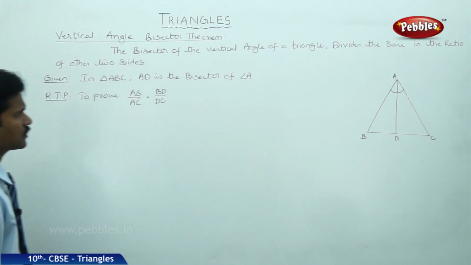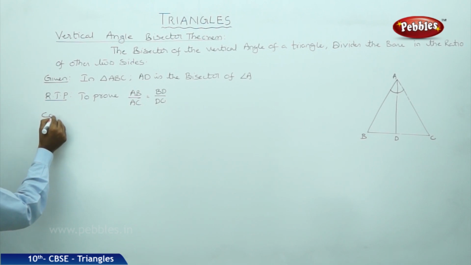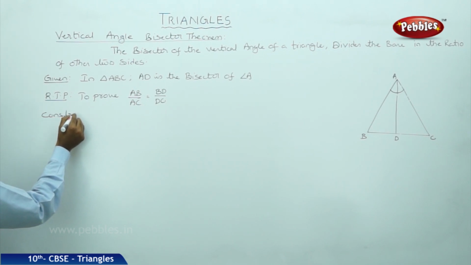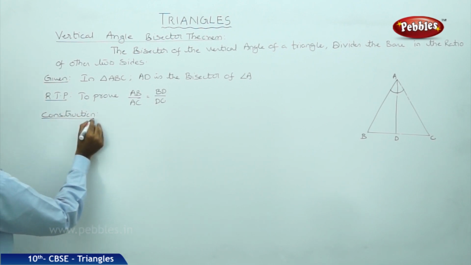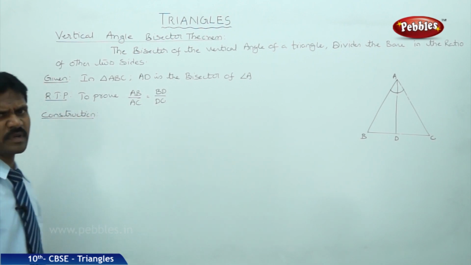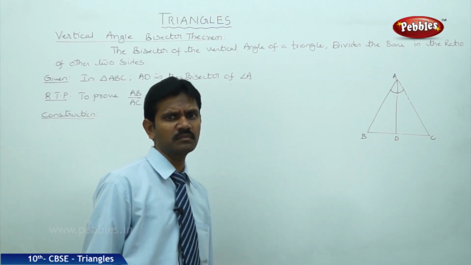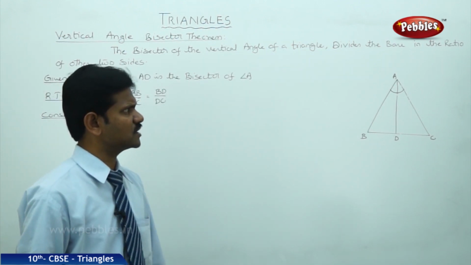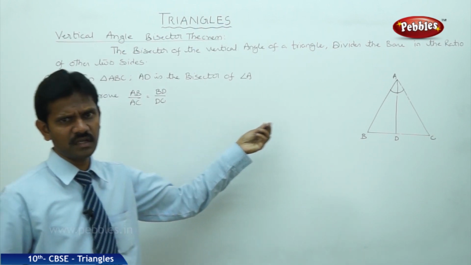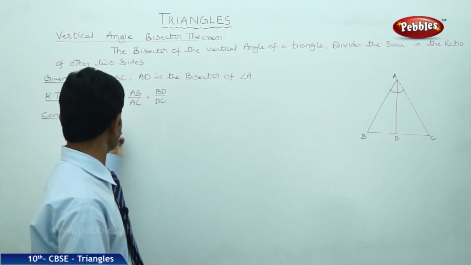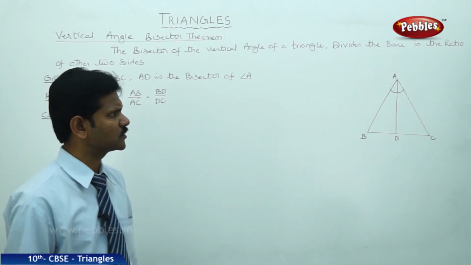We have to prove this. Construction. In some questions, the given information is not sufficient to prove the theorem. In such cases, we have to add some additional angles and sides. Such parts are included in the construction.